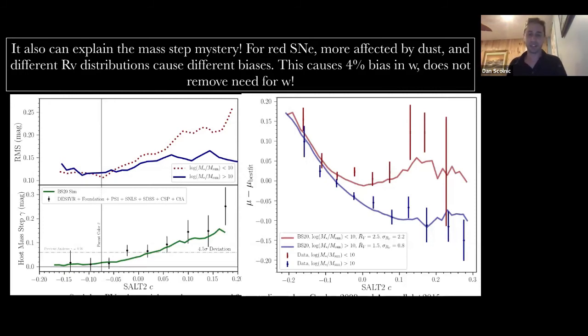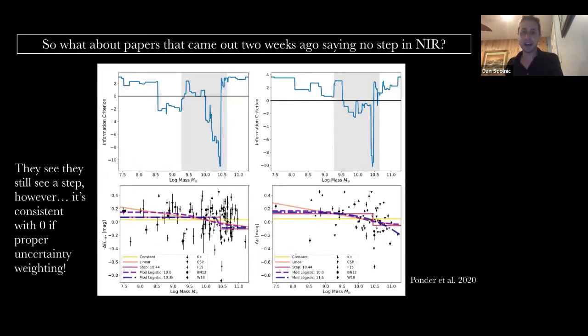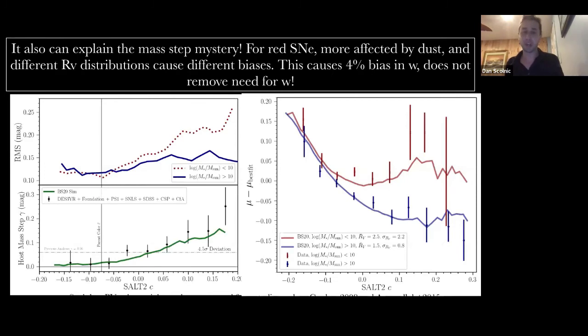I don't know what the story is, but there's a very simple story here: we know different galaxies, or the environments around different supernovae, should have different reddening laws. And if you just put that in, you could explain these 11 and 8 sigma effects in the data. So this is what I think is going on.